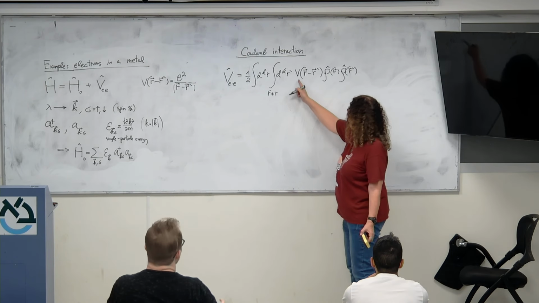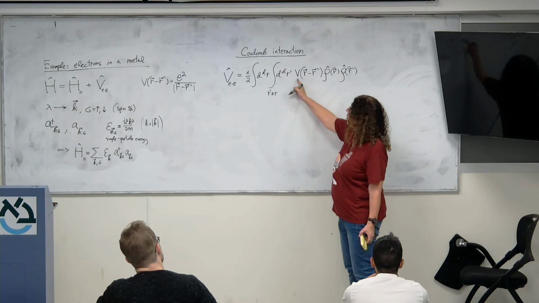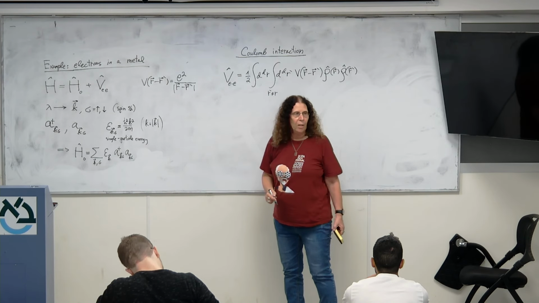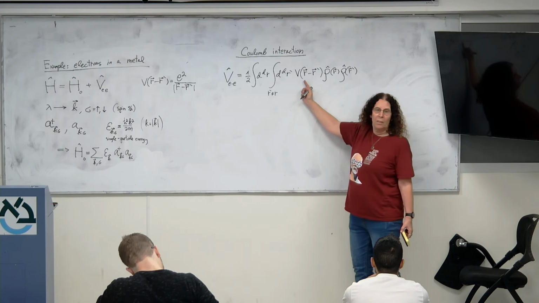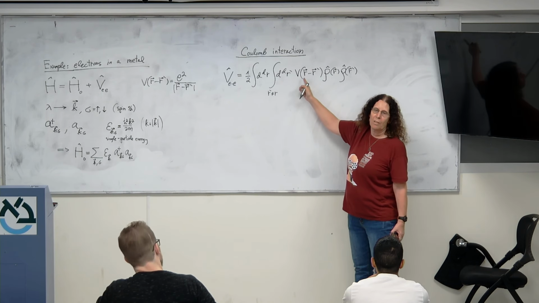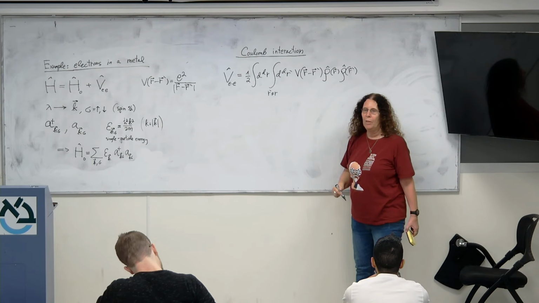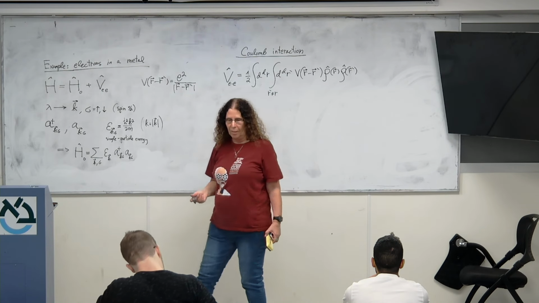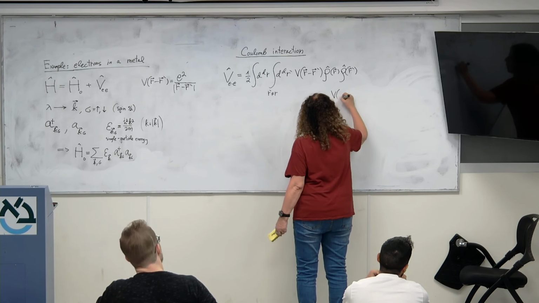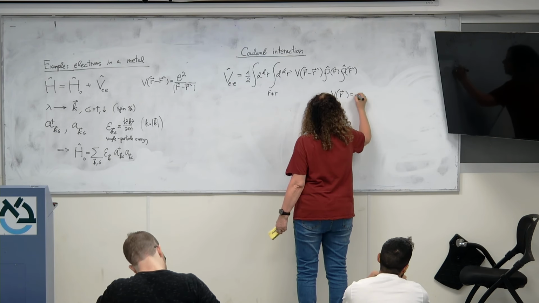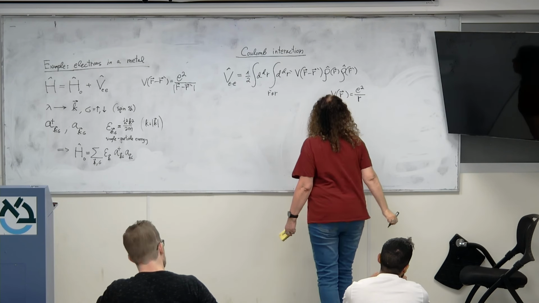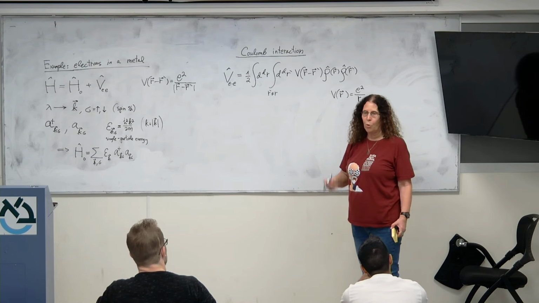However, if it's a Coulomb, we know that the function V is just e squared over R. Notice that I already wrote it as a function of one variable, the difference R minus R prime, because we know that the interaction only depends on the distance in this case. So V of R is e squared over R.